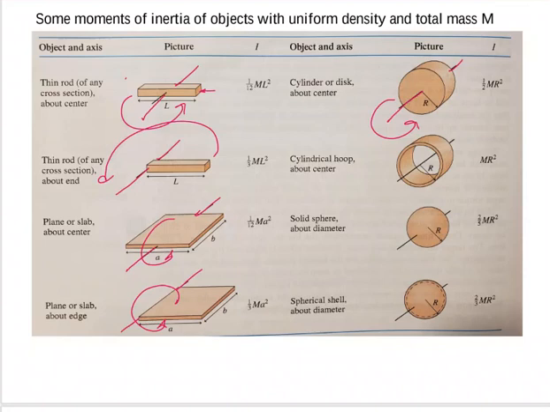Now, a cylindrical hoop. This is like a ring where there's emptiness inside. So we're still rolling the cylinder, but now it has a hollow part. And then we have a solid sphere. This would be like a ball bearing or a marble.